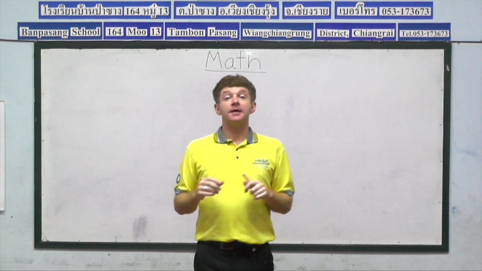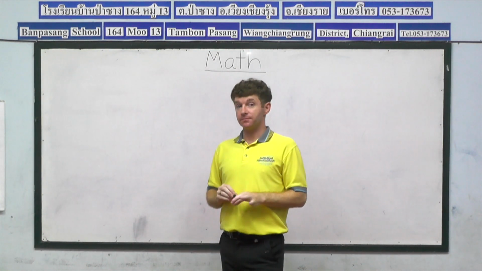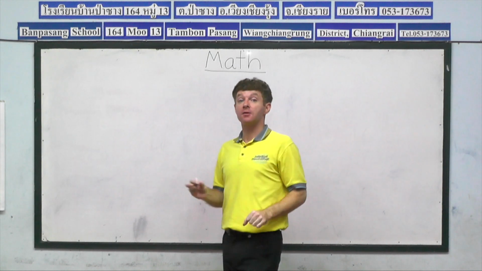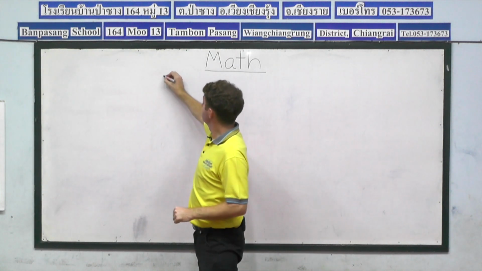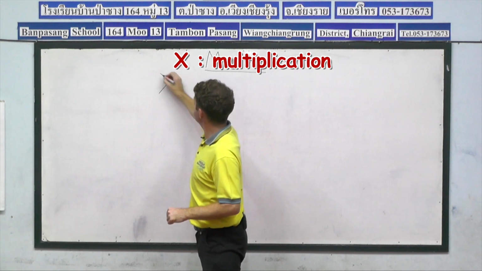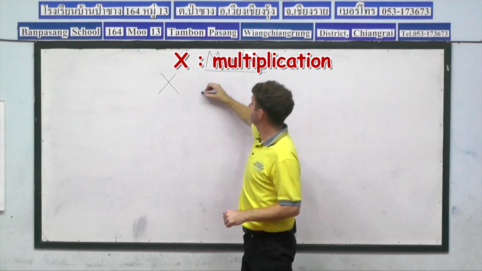So recently in math class, we've been doing a lot of work with multiplication. So first of all, we'll write the multiplication symbol and spell the words on the board. So the multiplication symbol, as we know, looks like this. And how do we spell multiplication?